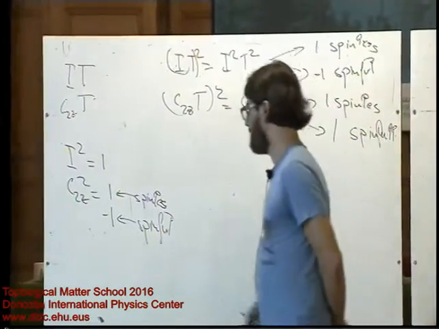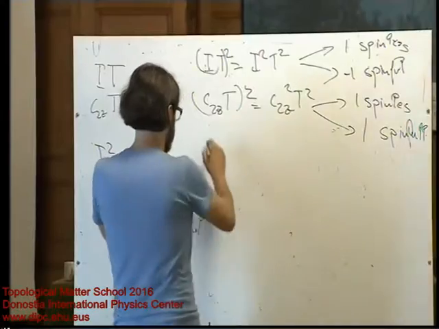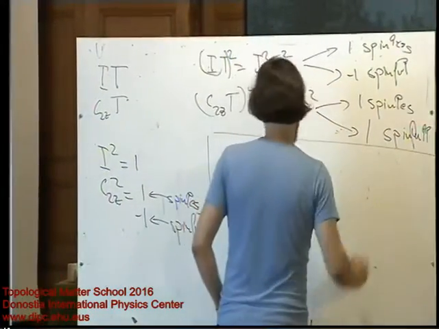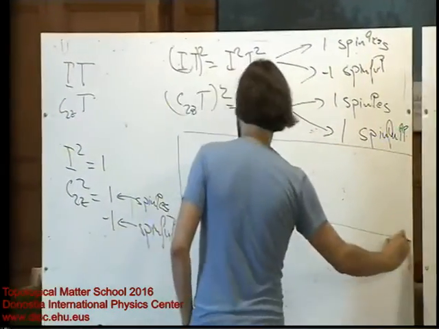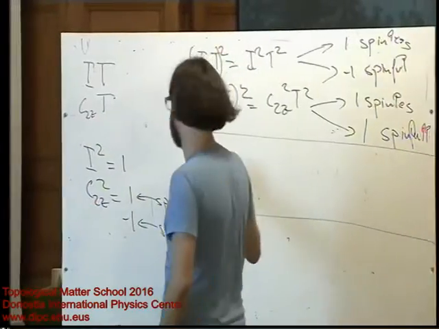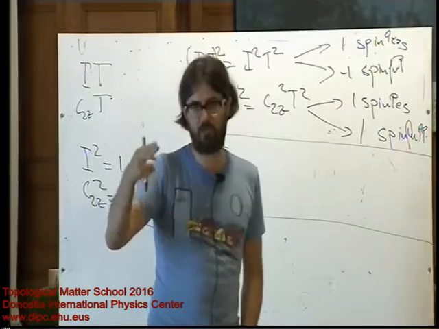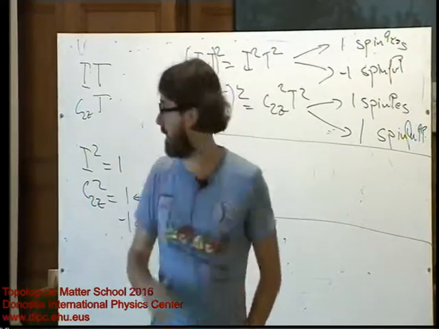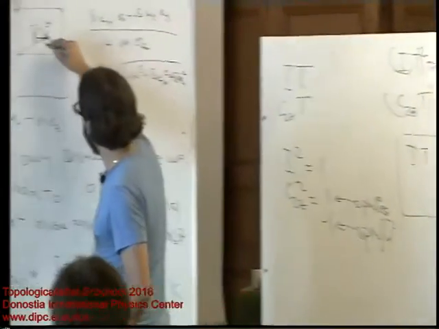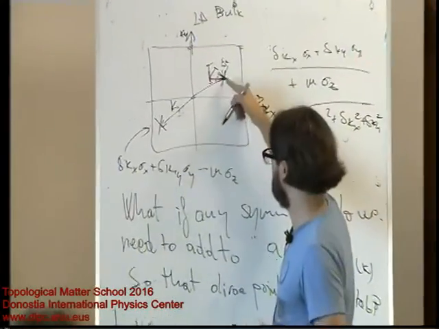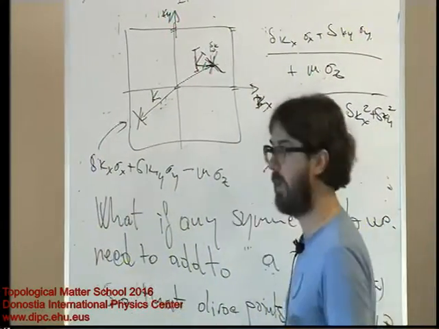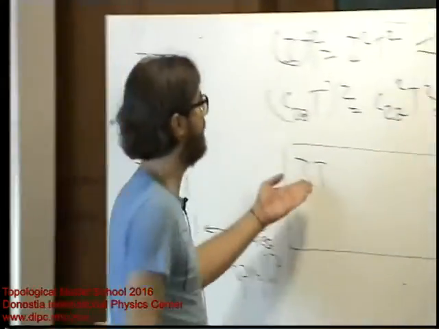As a result, there's a result in band theory which tells you that if I have inversion and time reversal, bands always come doubly degenerate at every point in momentum space. So I can never have a single band at any point in momentum space, because they are doubly degenerate. And you can clearly see this.